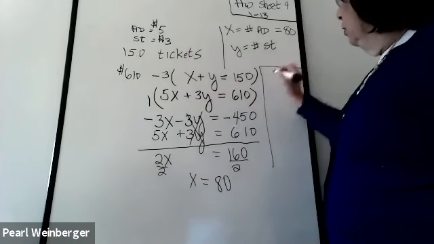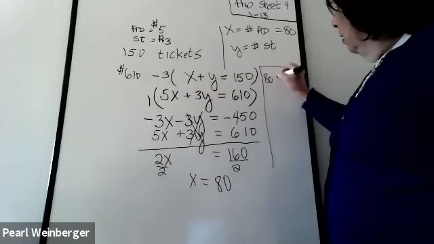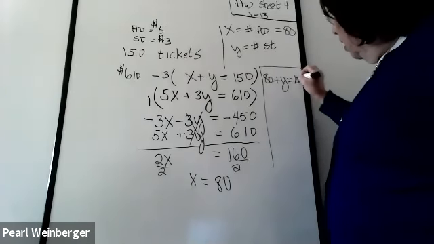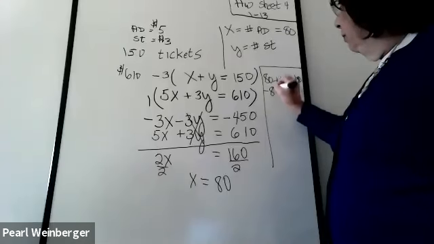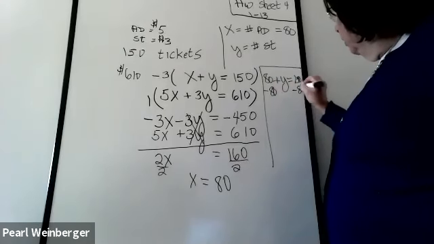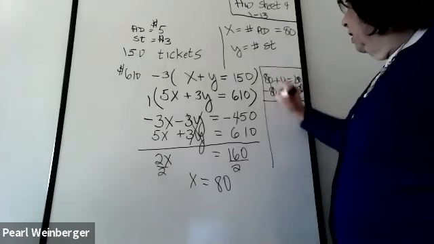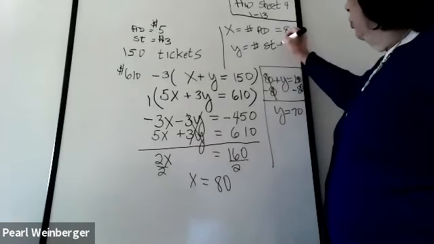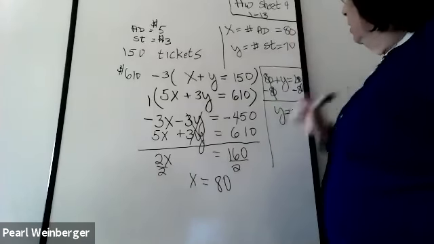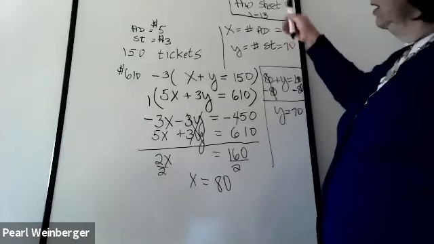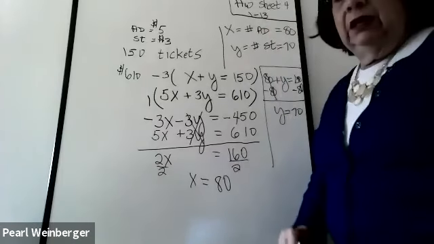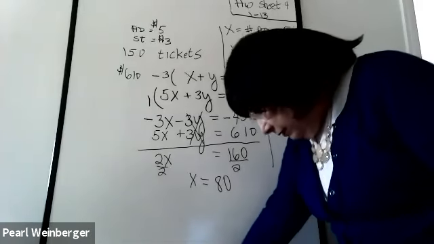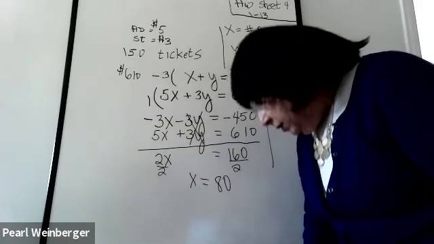So the x we know is 80, plus y equals 150. And I'll subtract 80 from both sides. And that'll leave me y equals 70. So they sold a total of 80 adult tickets and 70 student tickets to this movie.